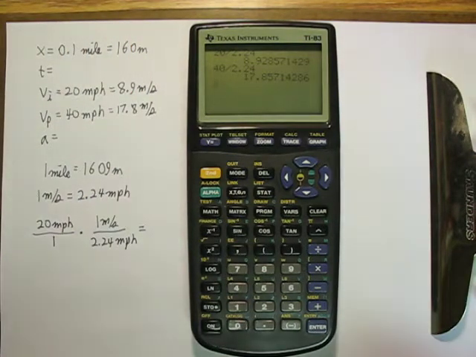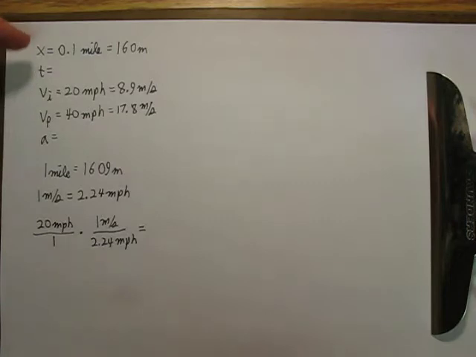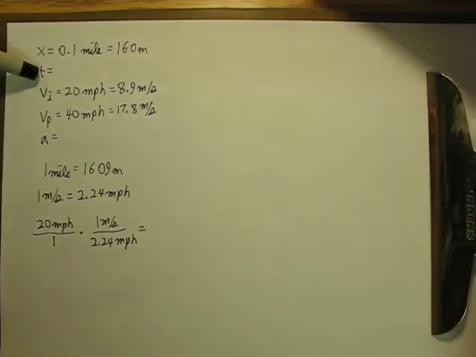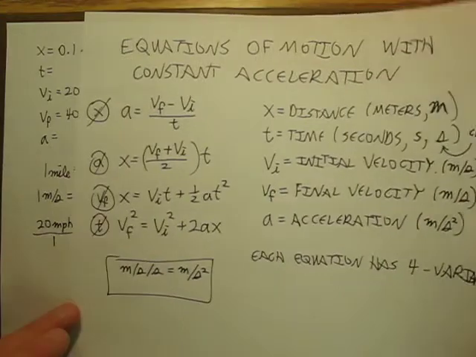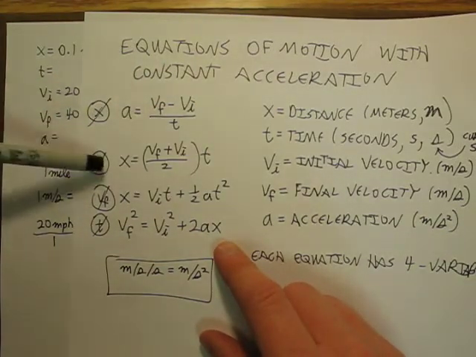Alright, so now I have initial speed, final speed, and distance. What do I want to find first? Let's find time first. If we're finding time first, that means we don't care about acceleration. Which one of these equations doesn't have acceleration? This one.